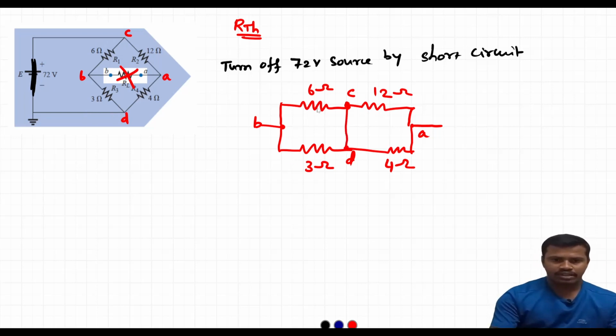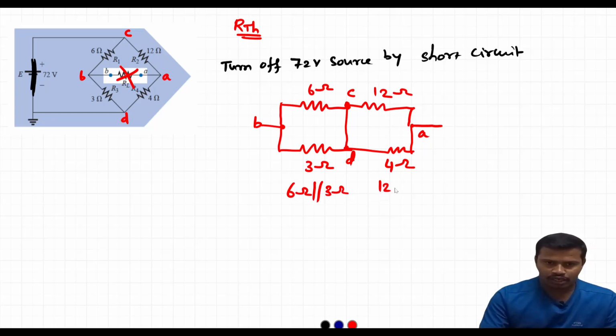When we see this circuit, it looks like the 6 and 3 ohm resistors are in parallel and the 12 and 4 ohm resistors are in parallel, and both of these combinations are connected in series. When we solve this, 6 ohm in parallel with 3 ohm gives 2 ohm, and 12 ohm in parallel with 4 ohm gives 3 ohm.